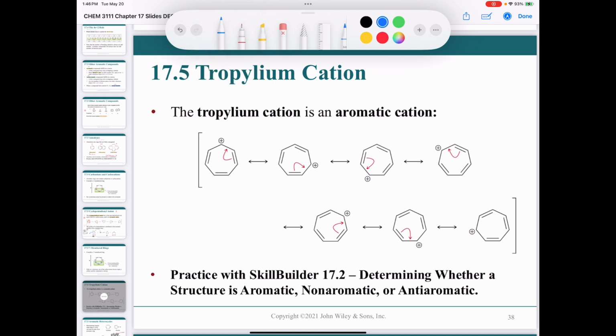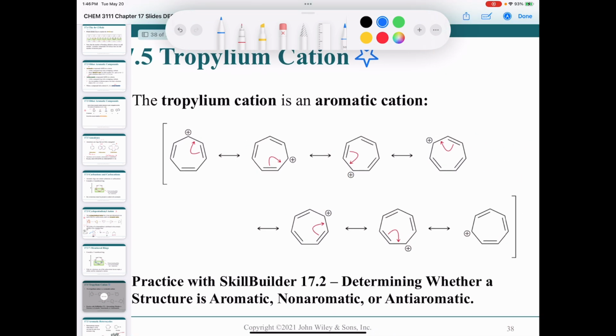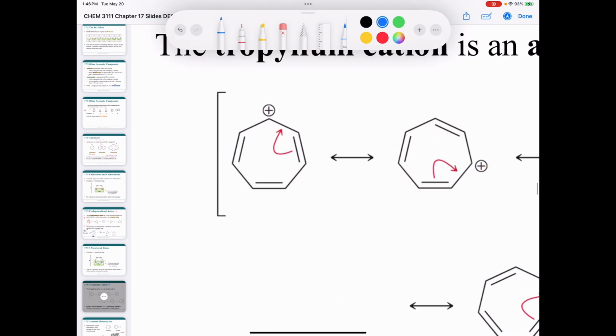And again, I highly recommend that you memorize the tropylium cation. Take a look at the tropylium cation. You can see it's got a total of 7 resonance forms. Look at this. Remember, a carbocation is sp2 hybridized, so therefore there is a p orbital on here. There's one on here, there's one on here, here, here, here, and here. So do we have a continuously overlapping system of p orbitals?